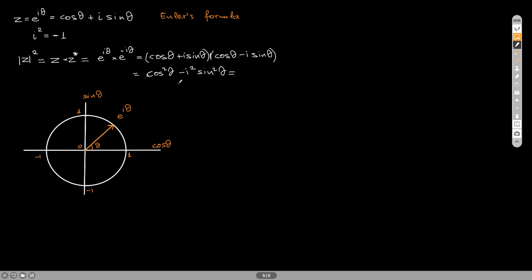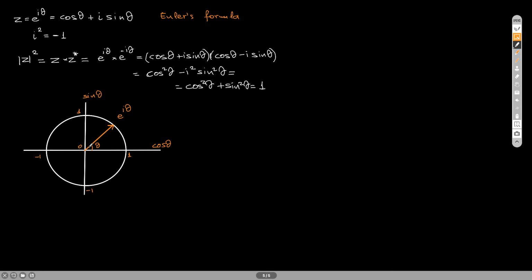And from the definition, i squared is -1, with the minus becomes plus. And we know that from trigonometry this is equal to 1. So the magnitude of e to the i theta, this complex number, is 1.